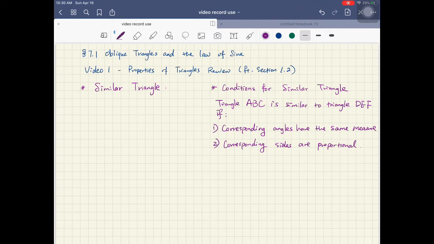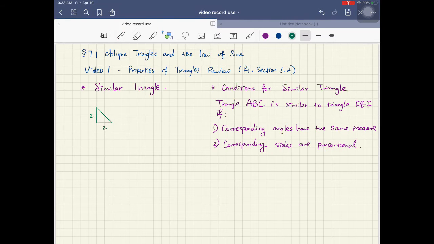The last property we're going to review is similar triangles. So what is a similar triangle? For example, I have 2 triangles. The first one has legs of size 2 and 2, and then a hypotenuse. I'm not going to calculate the hypotenuse, and I cannot really read it from the graphing paper.